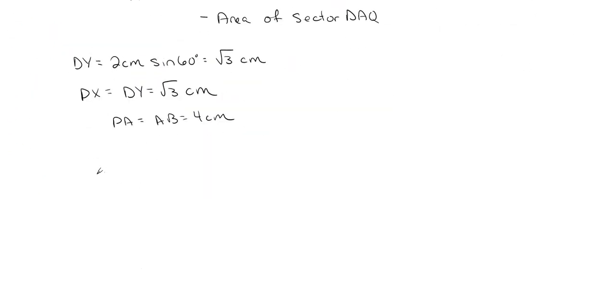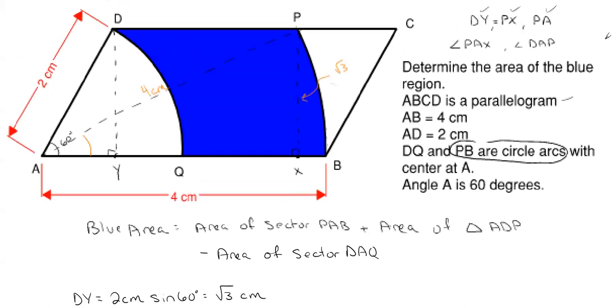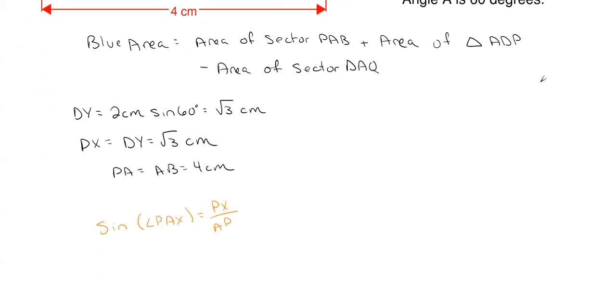So we would have the sine of my angle PAX, which is equal to PX over AP. So it'd be my opposite over my hypotenuse, which is going to be square root of 3 centimeters over 4 centimeters, which would be equal to my sine of my angle. So this would be square root of 3 over 4.